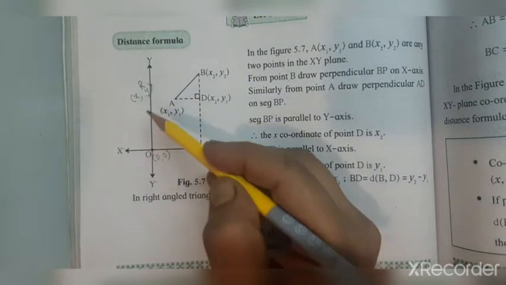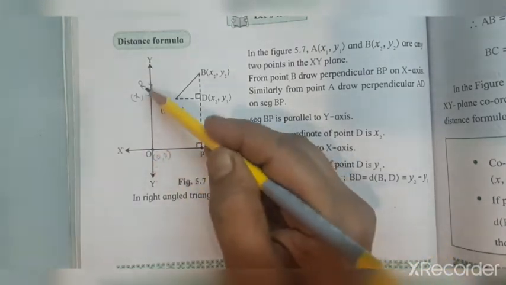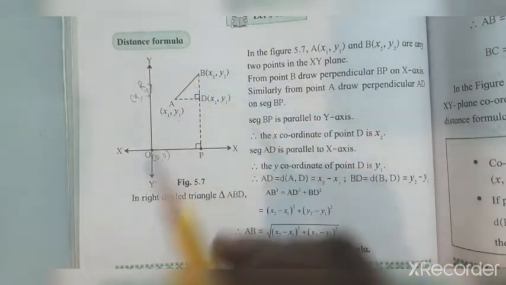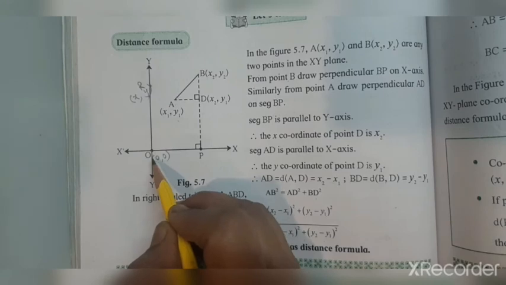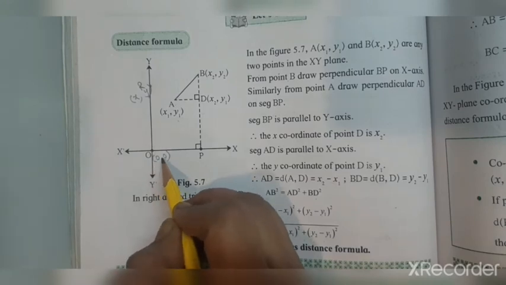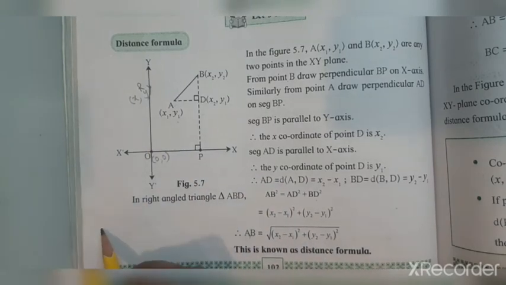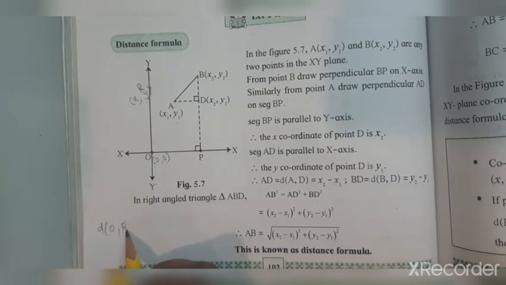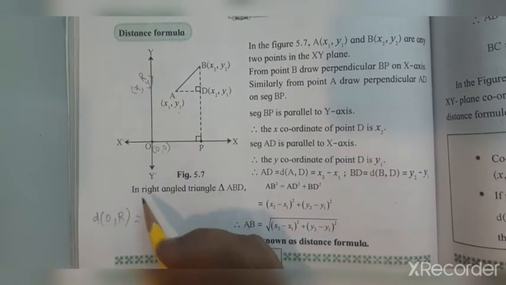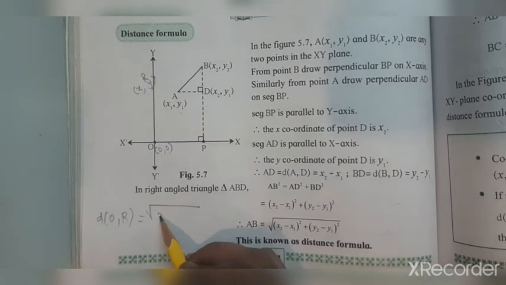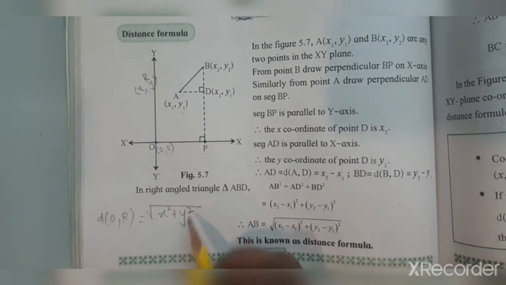Now we have to find the distance OR. Since the origin is 0, 0, the distance OR will be square root of x square plus y square.